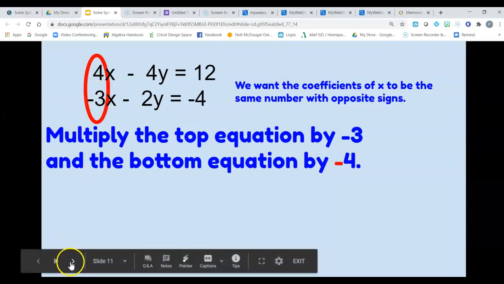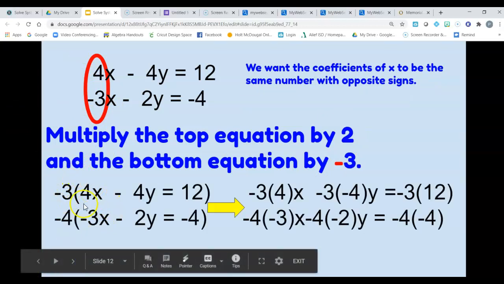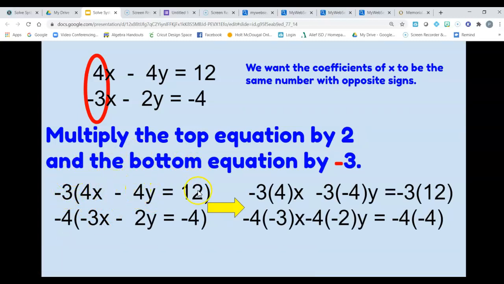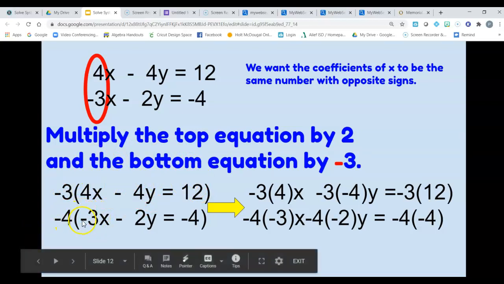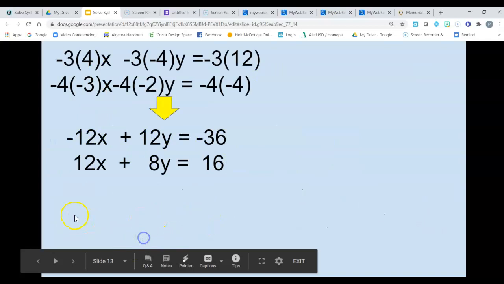Okay. So I have negative 3 times 4, negative 3 times negative 4, negative 3 times 12, and then negative 4 times negative 3, negative 4 times negative 2, and negative 4 times negative 4.